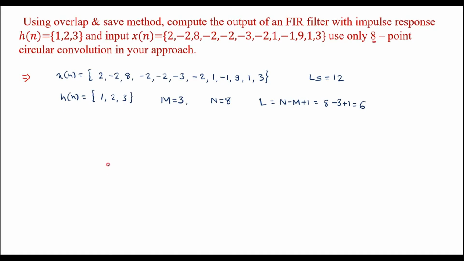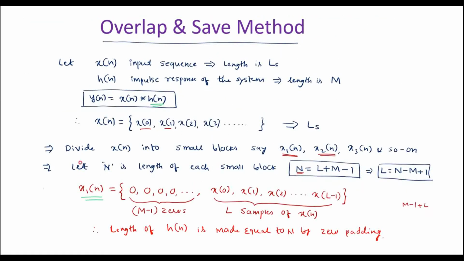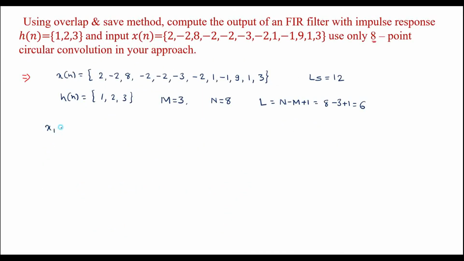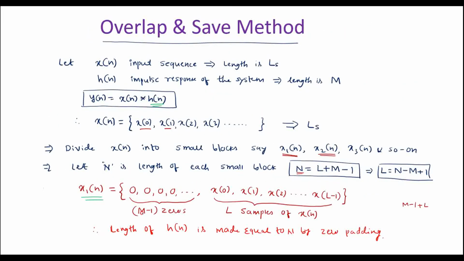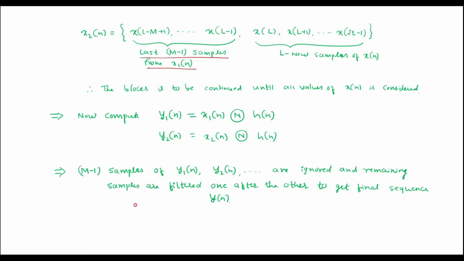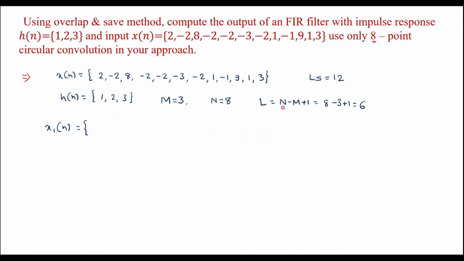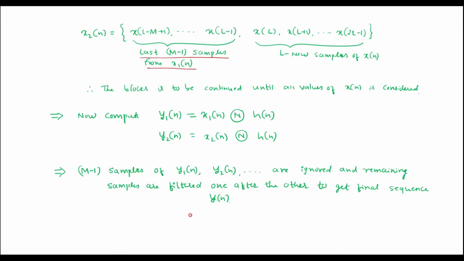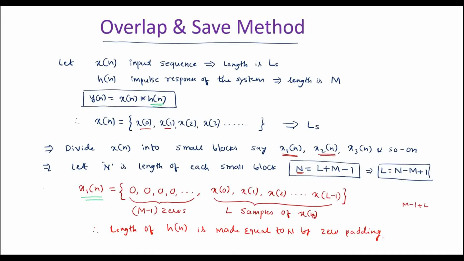So now, as we have discussed, we are supposed to divide x of n into small blocks, x1 of n, x2 of n and so on. The length of each small block must be equal to n. Let my first block be x1 of n. As I discussed, it consists of m minus 1 zeros. Here the m value is 3, so m minus 1 means 2 zeros, 0, 0, followed by L samples of x of n.